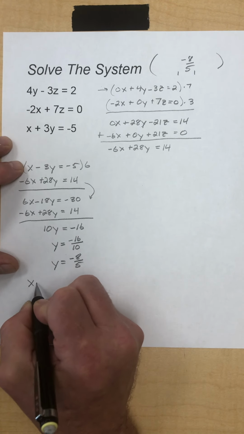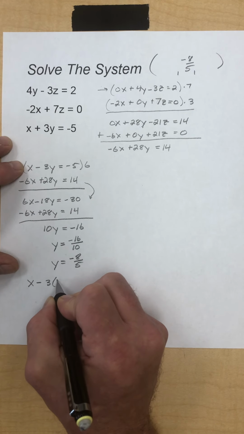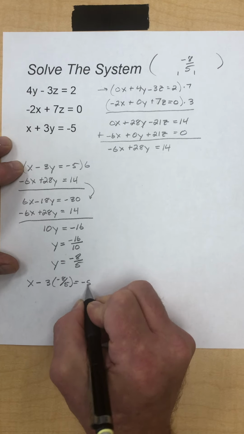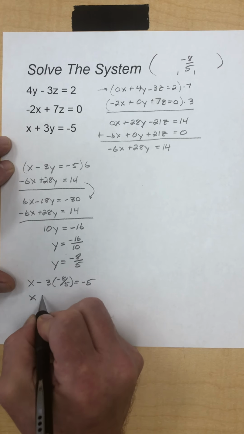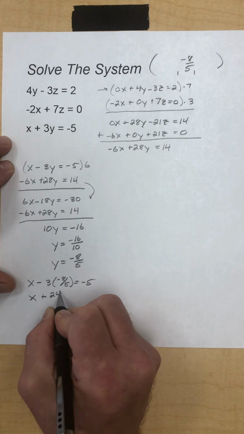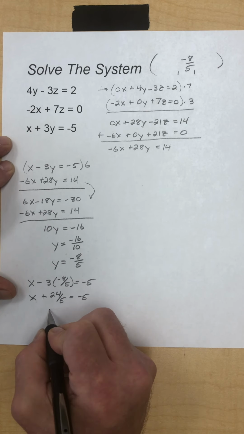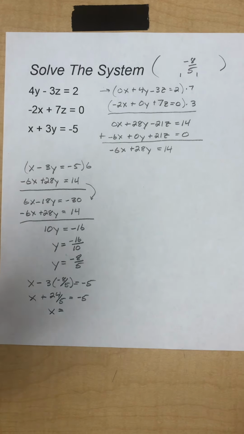So I got x minus 3 times negative 8/5 equals negative 5. Okay, so that's x plus 24/5 equals negative 5. So x is equal to, let's see, negative 5 minus 24/5.